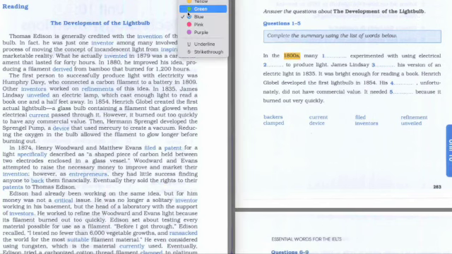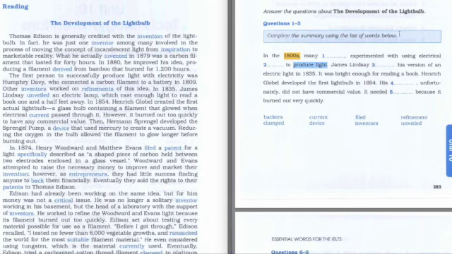Another keyword is going to be produce light, but it's related to another part of the sentence, and it's going to be the second answer. They were saying that many something experimented with using electrical something to produce light.